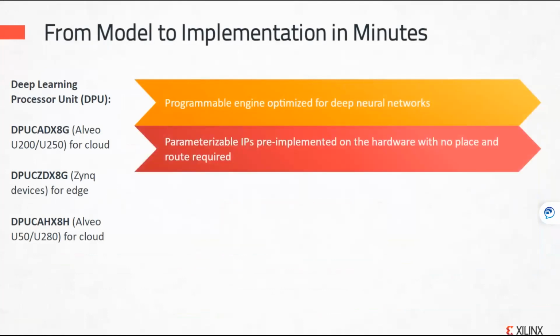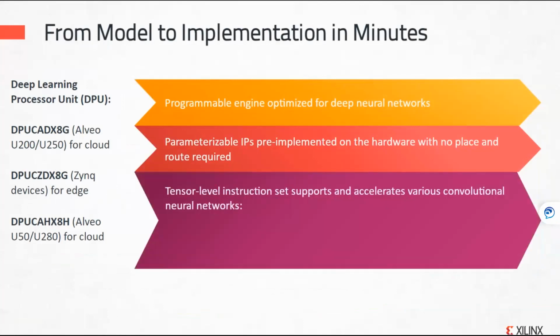You can also think of them as parameterizable IPs pre-implemented on the hardware with no place and route required. An efficient tensor-level instruction set has been designed to support and accelerate various popular convolutional neural networks such as VGG, ResNet, GoogleNet, YOLO, SSD, and MobileNet, among others.